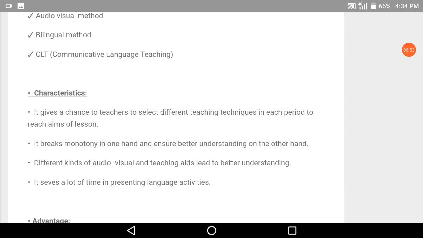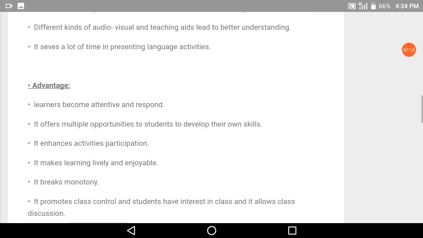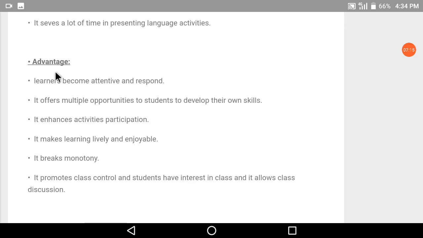Means I am able to take any kind of activity, any kind of method, any kind of approach, because my target is just to understand my students' problems and just to teach them how to handle the language. What are the advantages? Learners become attentive and responsive.